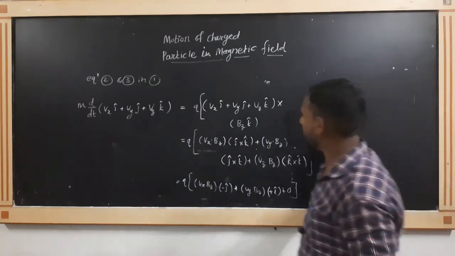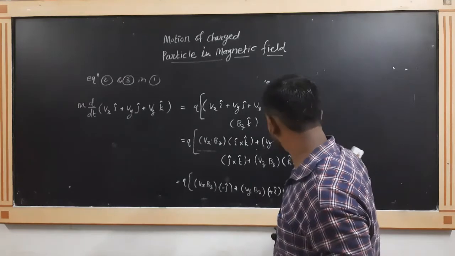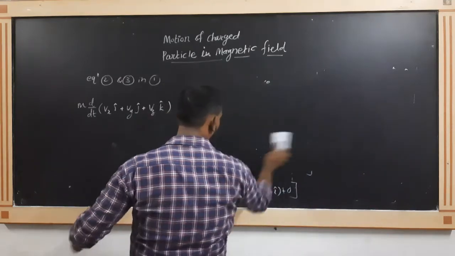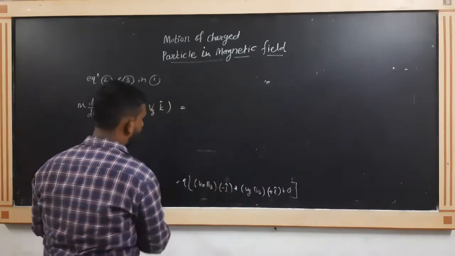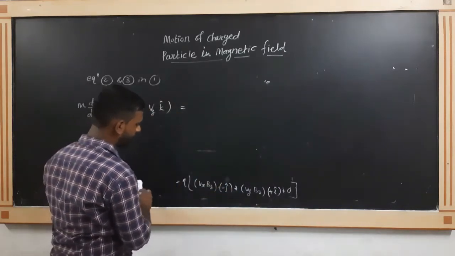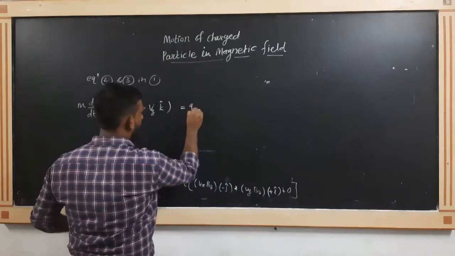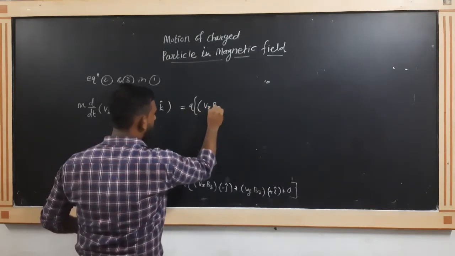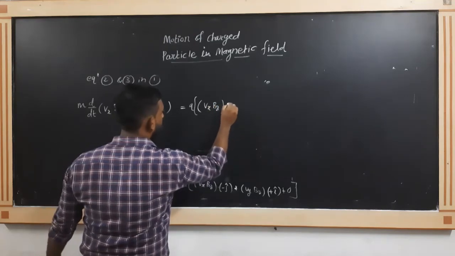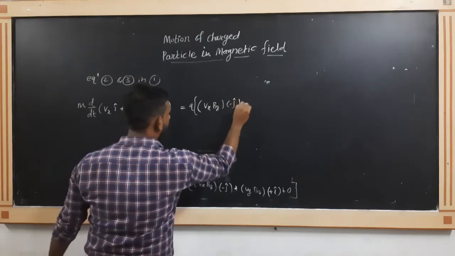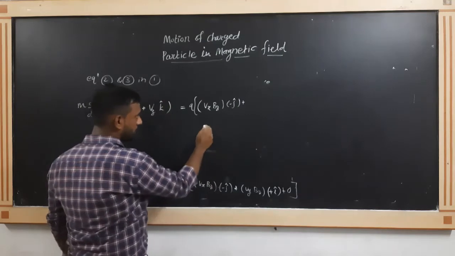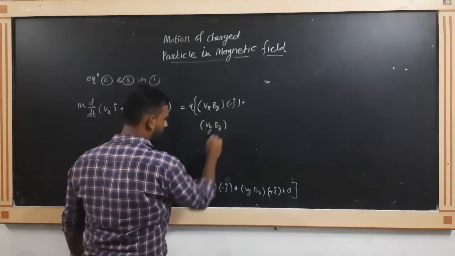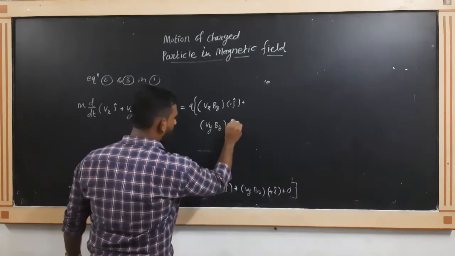So I just keep this side as it is and write this term over here. Again, I just write Q Vx Bz into minus j cap plus Vy Bz into I cap.